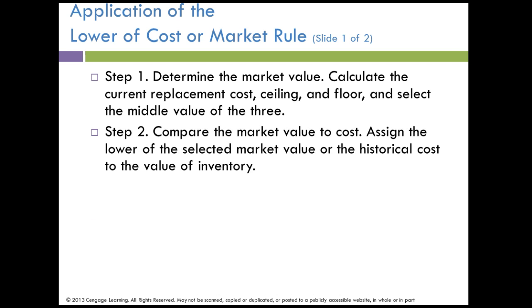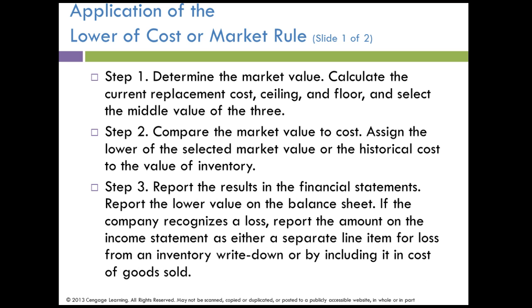Then we compare the market value to the cost, and look at the lower of the selected market value or the historical cost related to that inventory. Then ultimately we show that on the financial statements, because we may have a loss in inventory that we'll recognize in this period.